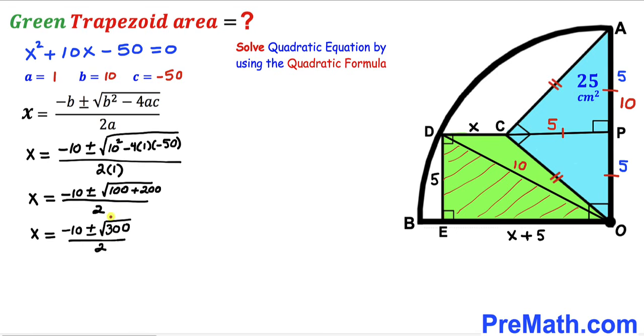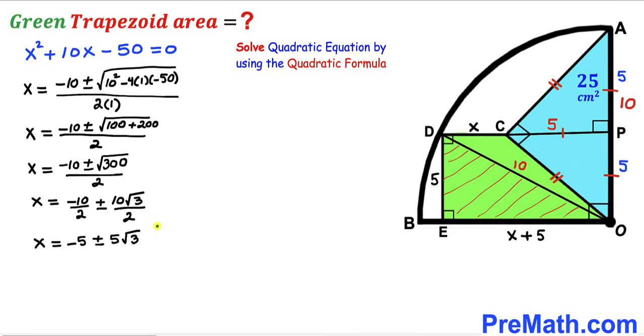And now let's focus on this radical square root of 300. If we simplify, that is going to give us 10 times square root of 3, as you can see in this next step. And in this next step, we can see negative 10 divided by 2 is going to give us negative 5, and likewise 10 divided by 2 is going to be 5 as well.